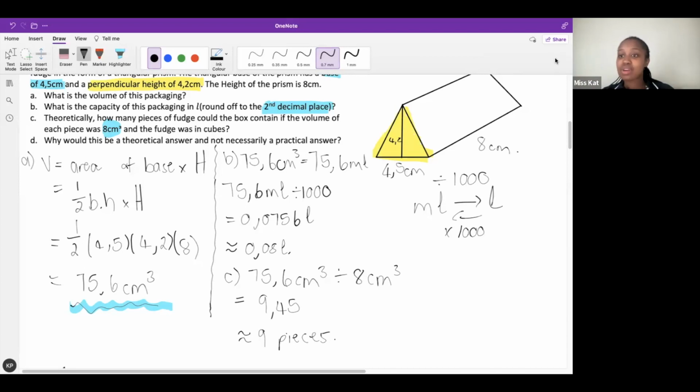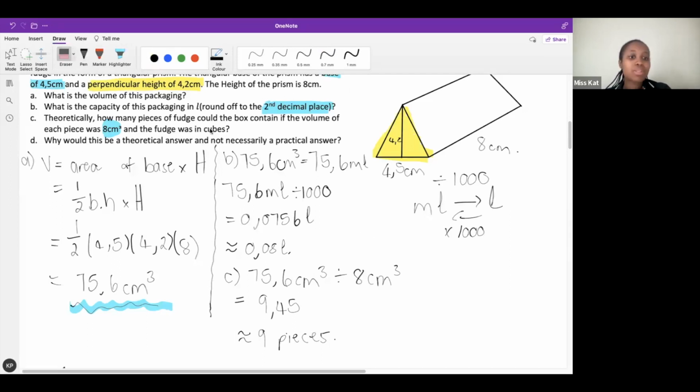I hope it makes sense to everybody. If you round up, even if you can only fit 9.8 pieces of chocolate, 10 of them will not fit. So you will rather just put in 9. Okay, I hope that explanation makes sense.